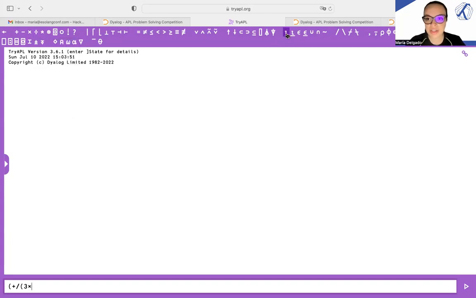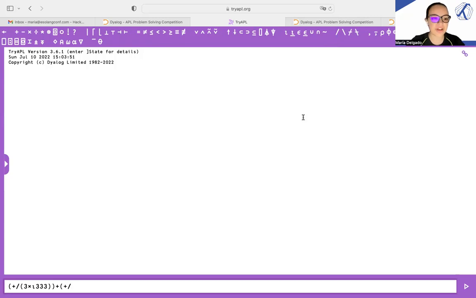We need to do the iota to generate the list, and we have 333 values in that list. And let's close this parenthesis and let's close the other one. Let's do the sum, and let's do the same with the other one.